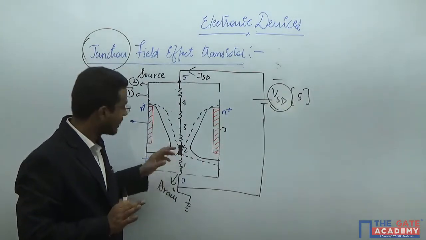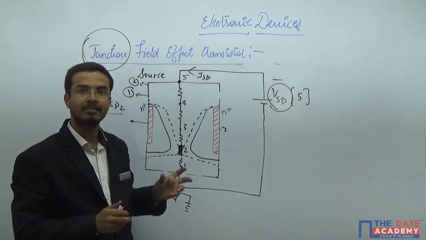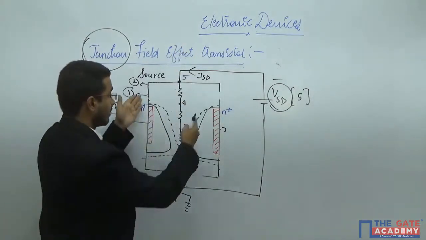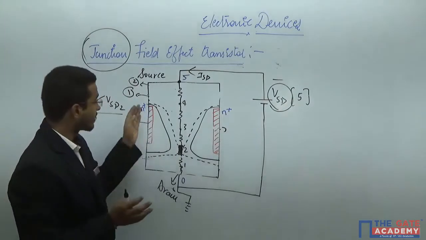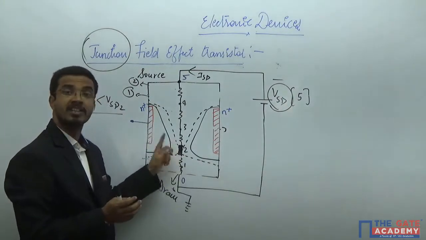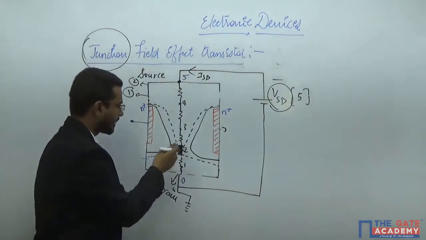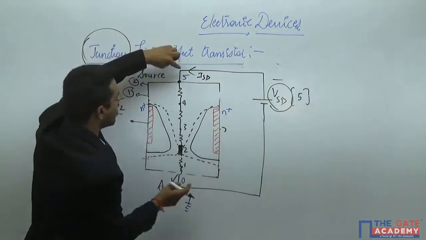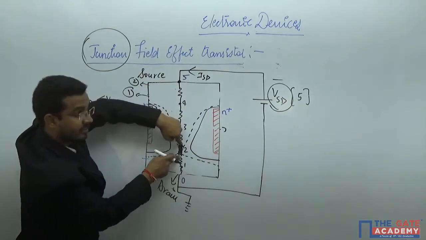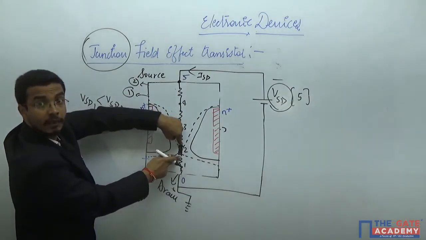Yes or no? Now see what is the lacking here, whatever we have missed in these sharp edges. What is the difference between the sharp edges and these wedge edges? What will happen now? You have a voltage drop of 5 volt across this because it is the highest resistive area in the device.